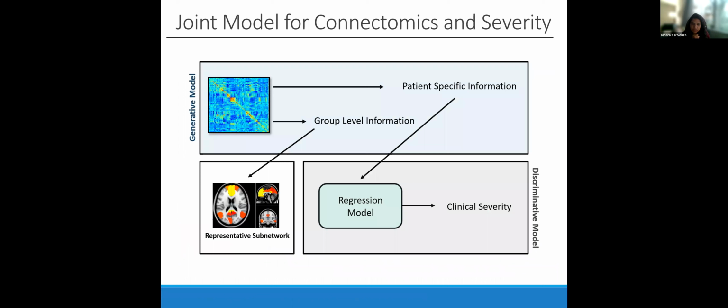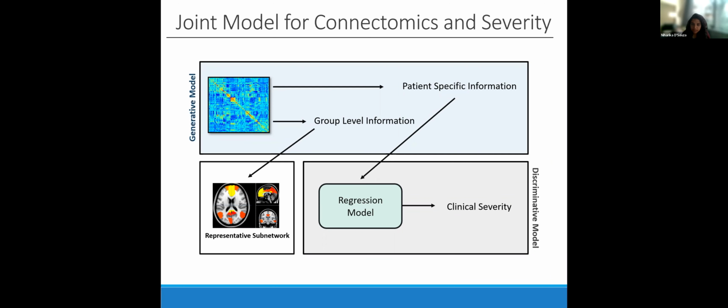So these limitations motivate the joint model that we propose, and our model overall has two parts. The first is a generative model, which simultaneously accounts for group level as well as patient-specific information from patient correlation matrices. The group level canonical representation can be mapped back into the brain and is shared among patients, as we can see from this cartoon here.